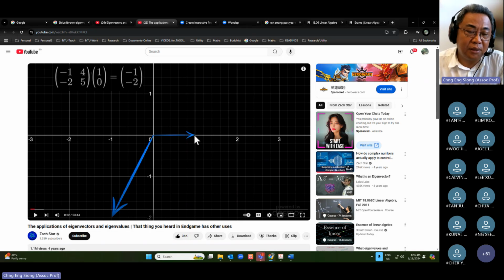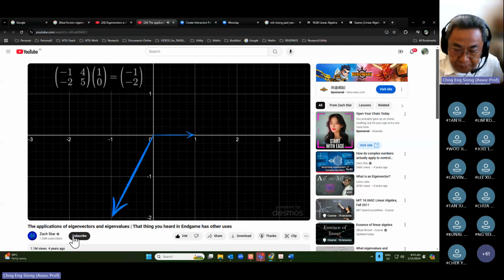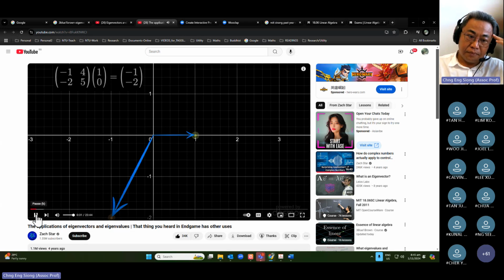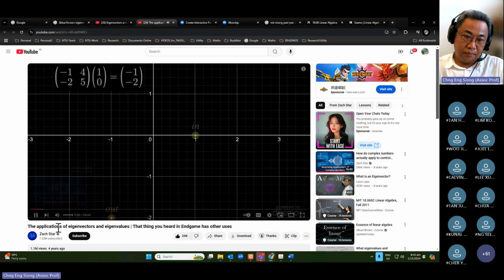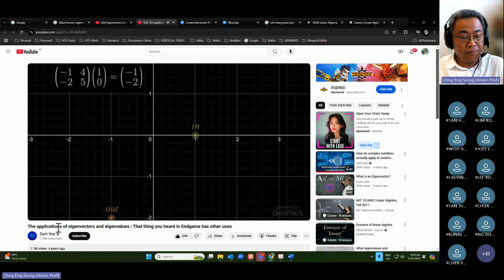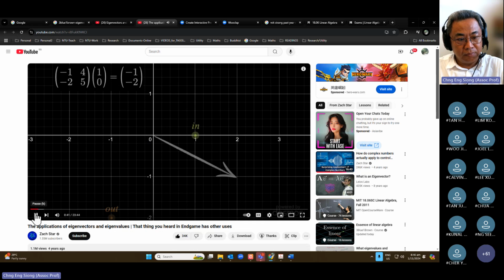So you see that this is the input point, and this is the output point. Minus 1, minus 2. Instead of representing vectors with arrows though, I'll just be using points, which will represent the end of the vector. I'm using Desmos, so it's just easier this way. But still, we have an input and output vector, and you'll notice that the matrix transformation caused the vector to scale and also rotate.